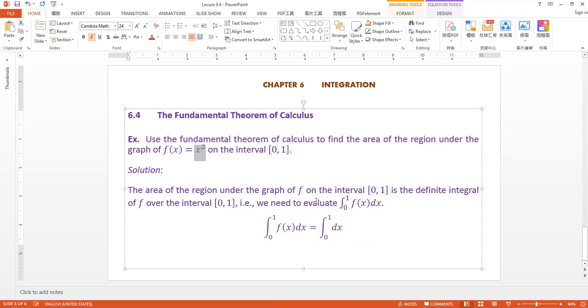So let me just copy this one here. So how do we evaluate this definite integral?